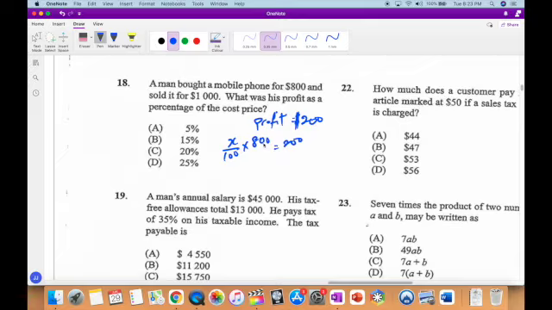Well, we could see here that we'll just need to see 200 divided by 8, which is 25%. So he made a 25% profit.